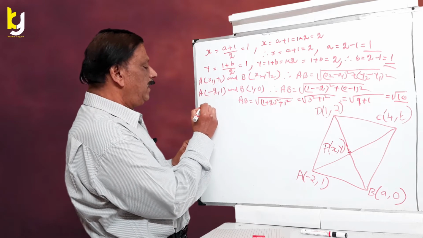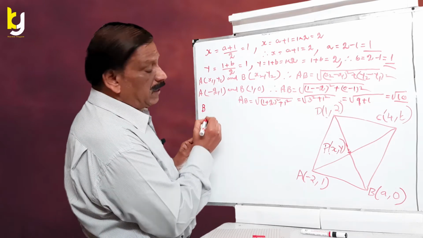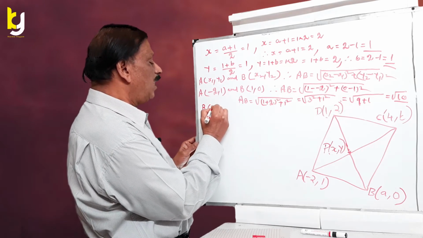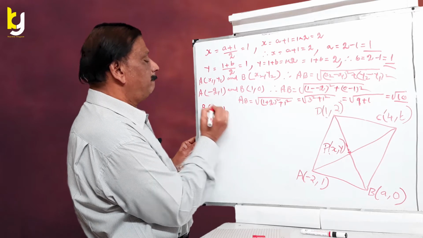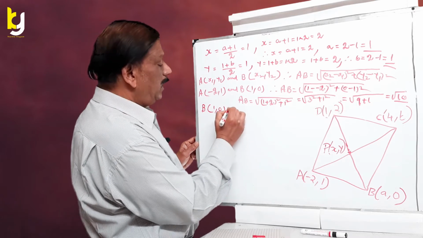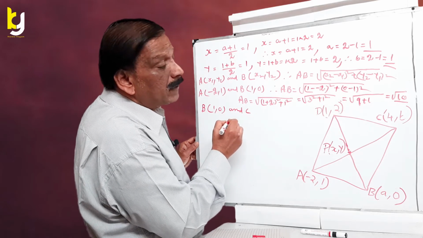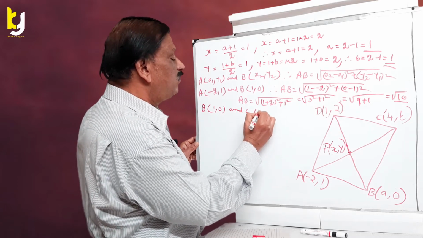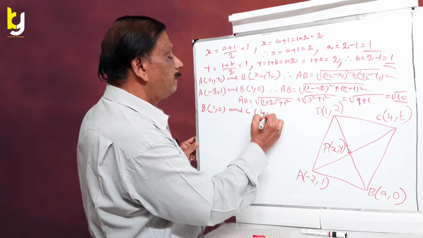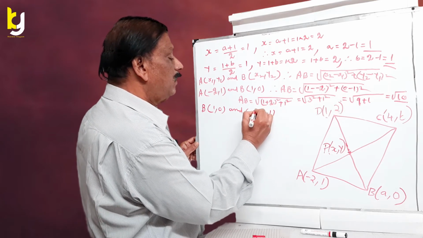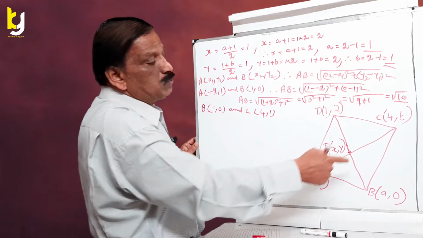B is (1, 0), and C is (4, 1). That is BC.